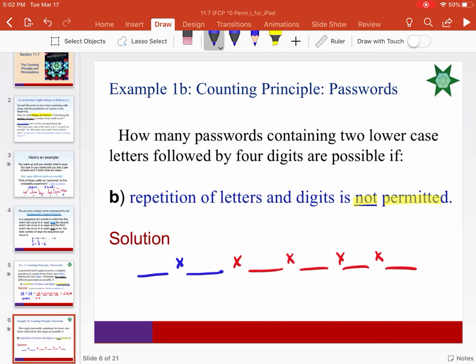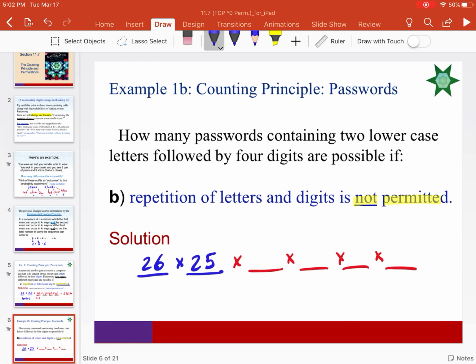All right. Well, how many lowercase letters are possible? Well, there's 26 letters, so I have 26 choices for my first letter in my passcode. But now repetition's not permitted, so I can't use whatever letter I just selected, so I only have 25 options left. All right, one less because repetition's not permitted.